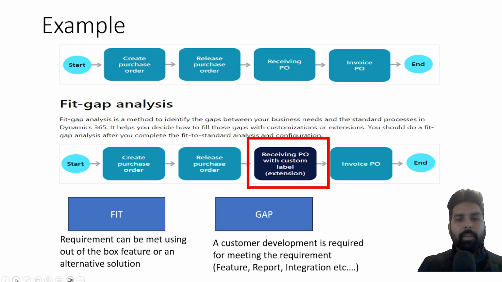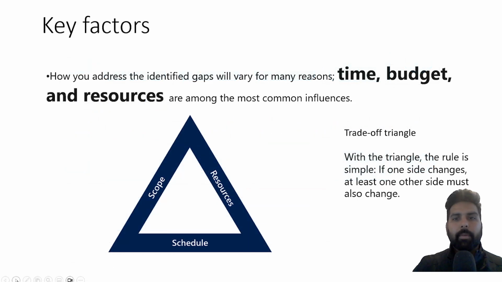Then that particular requirement is, let's say, not available in the D365 application, so we have to mark it as a gap. So we need to understand the requirement very clearly to mark it as a fit or gap. Hope this helps you understand what fit gap analysis is and why it is required.